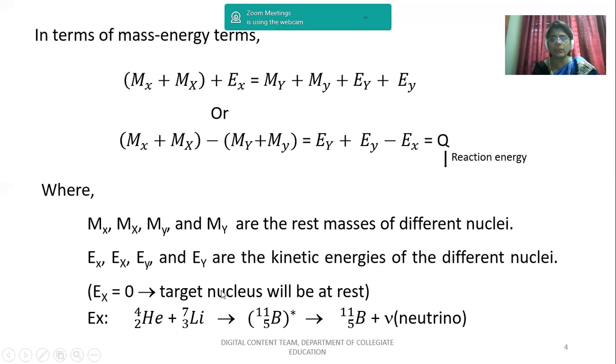As we know, the target nucleus is always considered to be at rest in our nuclear reaction. Using that, the reactant kinetic energy corresponds only to the kinetic energy associated with the projectile, and capital EX is taken as 0.